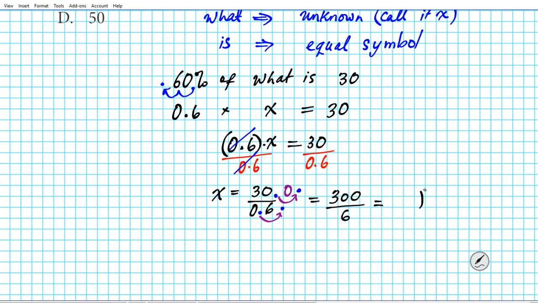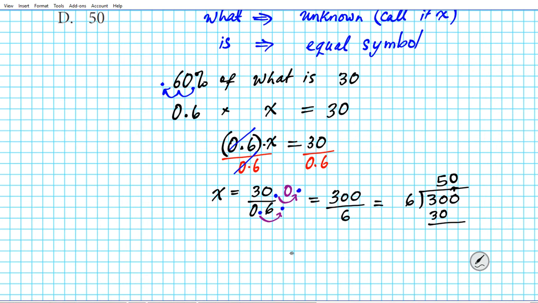Okay, so let's go ahead and divide. The top dog goes in the doghouse. You put the 300 underneath the division symbol so it's on top. Then we are going to put the 6 here. 6 goes into 30 5 times. 5 times 6 is 30. So you just move this 0 up.